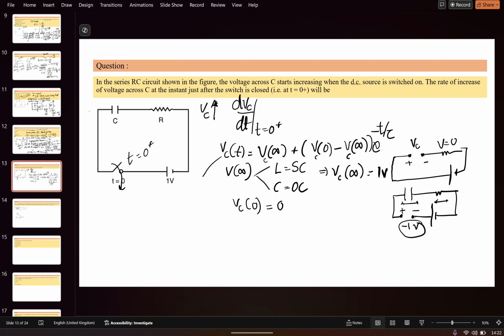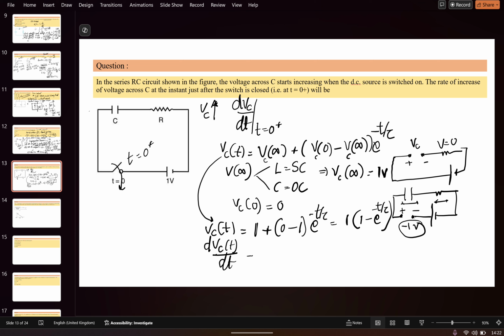So what is the exact value of VC(t)? It will become 1 plus (0 minus 1) e to the power minus t by tau, which comes out to be 1 minus e to the power minus t by tau. Got it? For finding dVC by dt, differentiate it.